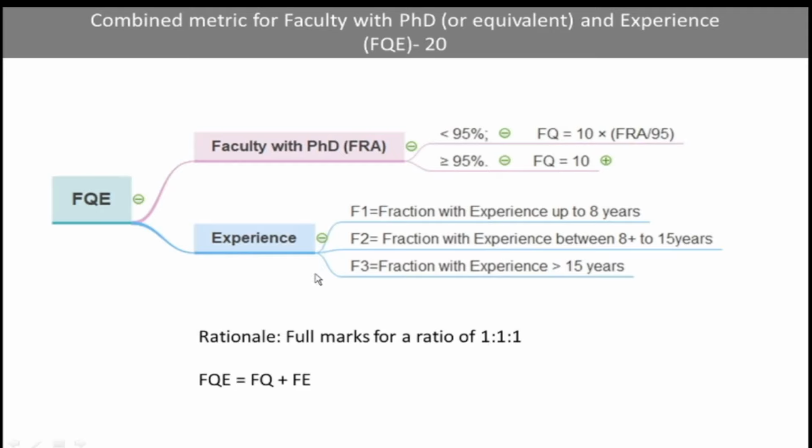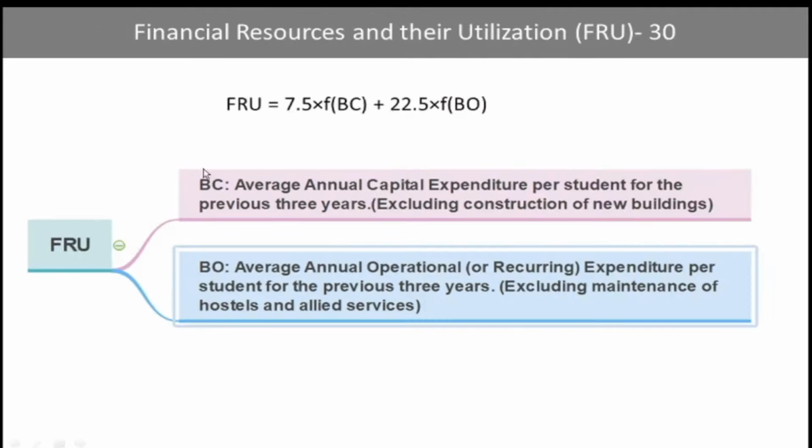Now the last metric under this parameter is financial resources and their utilization, which carries 30 marks. This FRU is based on two factors. One is BC and another is BO.